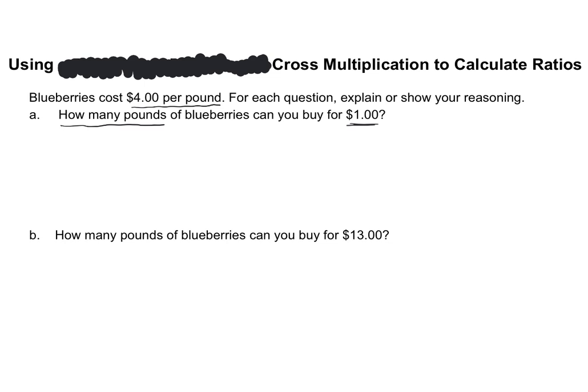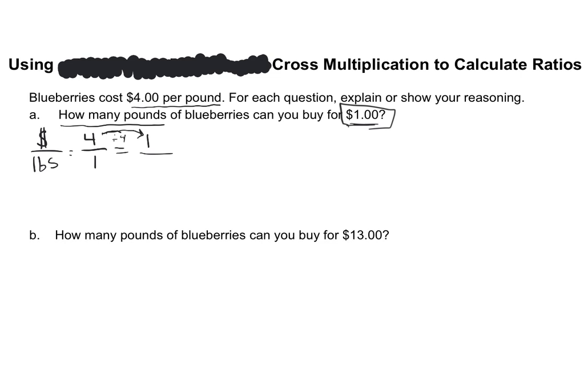So first, let's set up our rate of dollars per pound. Our first ratio is $4 per 1 pound. And we're going to set up an equivalent ratio, and this time our dollars is going to be a 1. And so we're asking ourselves, one thing you could do is the scaling. So to turn 4 into 1, we know that this has to divide by 4.